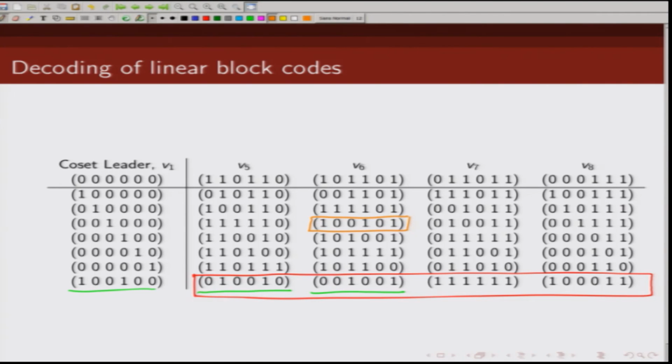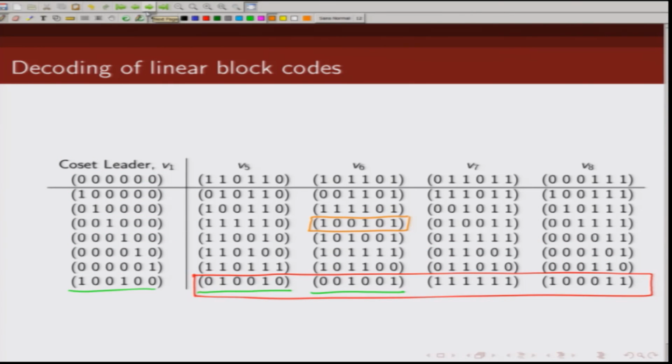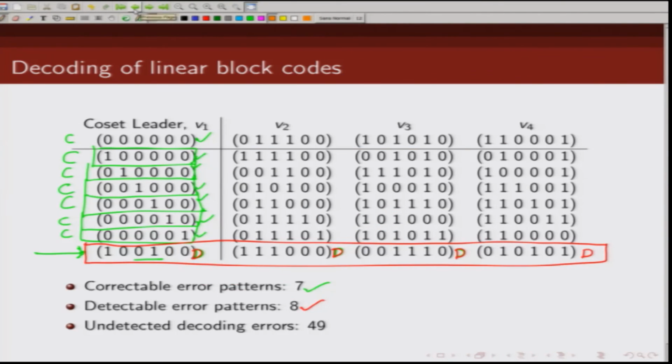If this happens, I am not able to detect these error patterns. Why? Whenever this error pattern happens, this is having weight 3, its coset leader was already having weight 1. So, whenever these error patterns happen, I am not able to detect any of these error patterns.